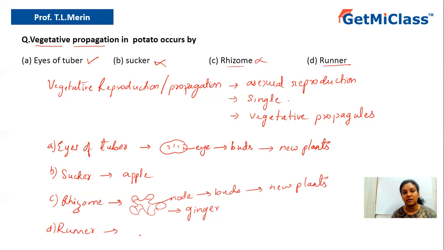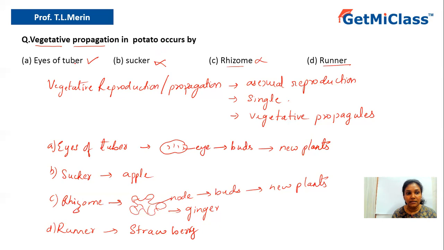The one which got detached will give rise to a new plant. Such structures are called runners. You can see this in case of strawberry. I know that everybody likes strawberry. So you can see runners in case of strawberry, but not in case of potato, because the question is asking about potato.